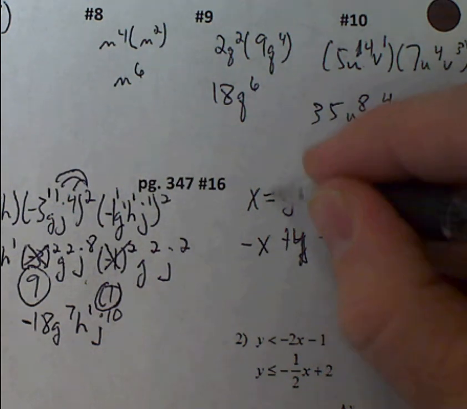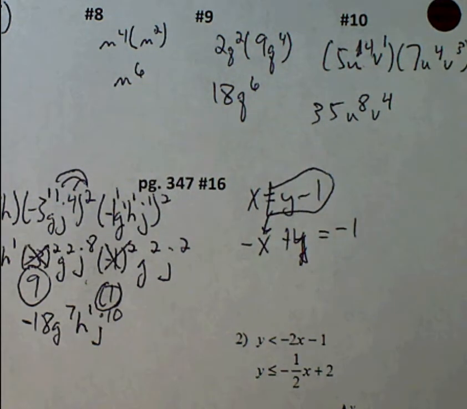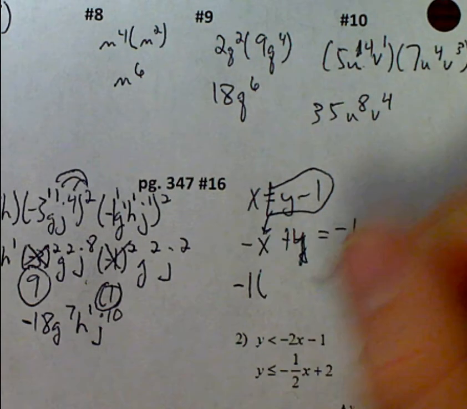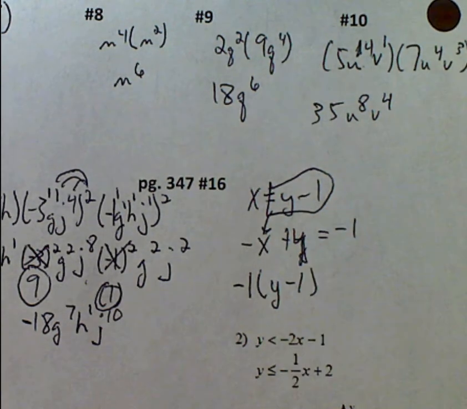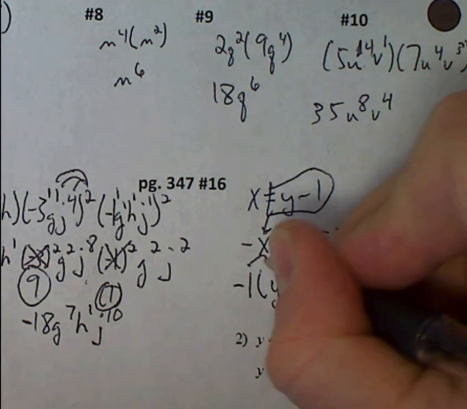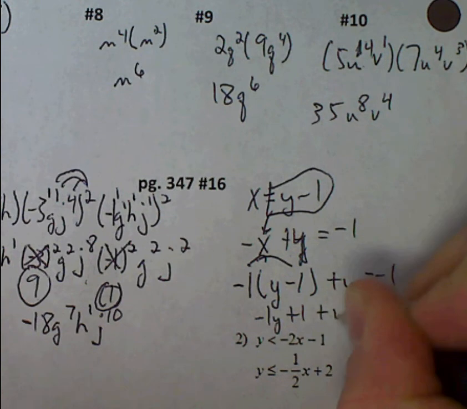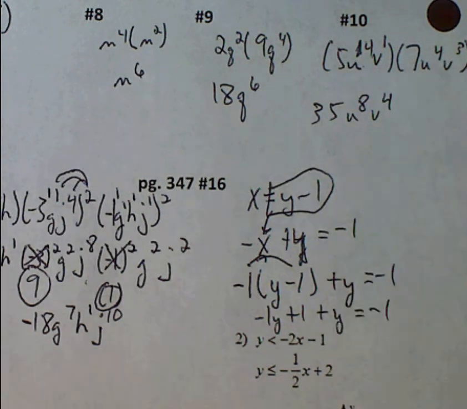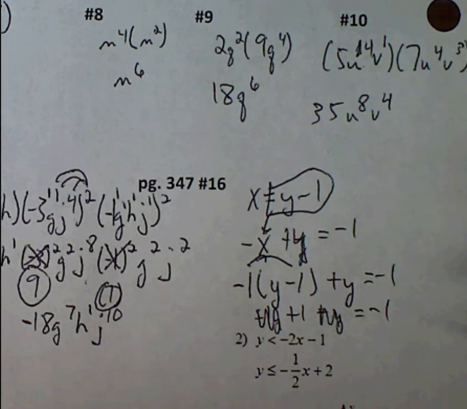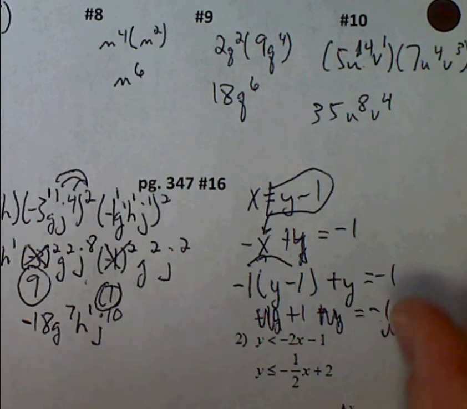So my x is by itself, so I'm going to take this and plug it in. I'm going to substitute. This is negative 1 really, parenthesis, y minus 1 plus y equals negative 1. If I distribute the negative 1, I get negative 1y plus y equals negative 1. Negative 1y plus 1y eliminate. Does 1 equal negative 1? No solution.